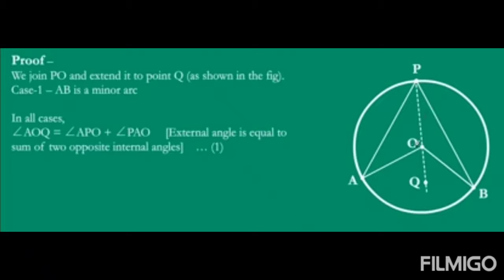So we will consider it as equation 1, that is AOQ is equal to APO plus PAO. It means the exterior angle is always equal to the sum of interior opposite angles.